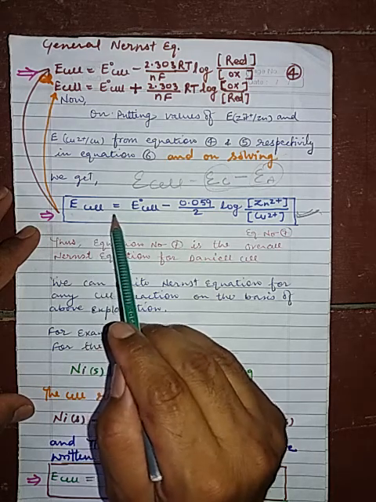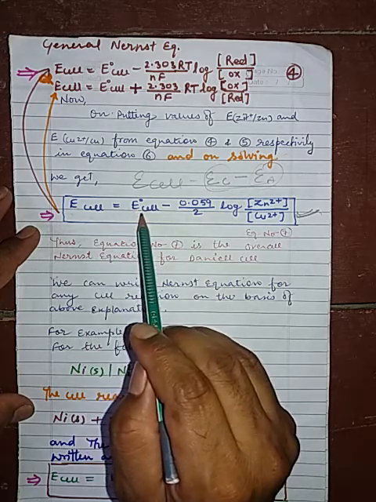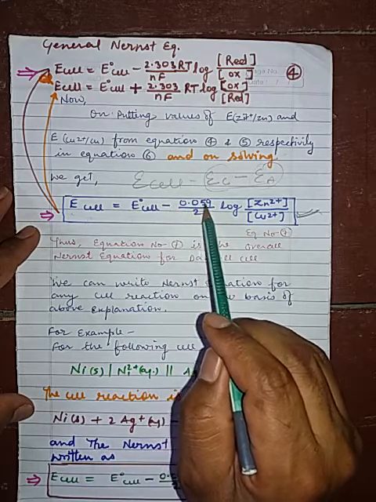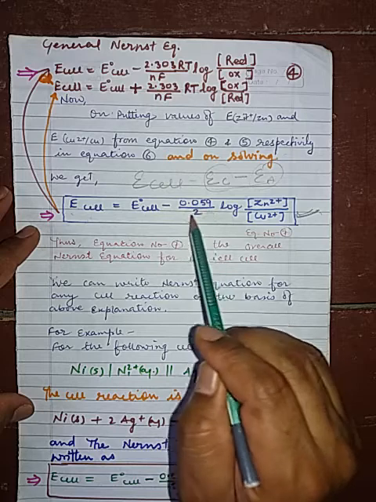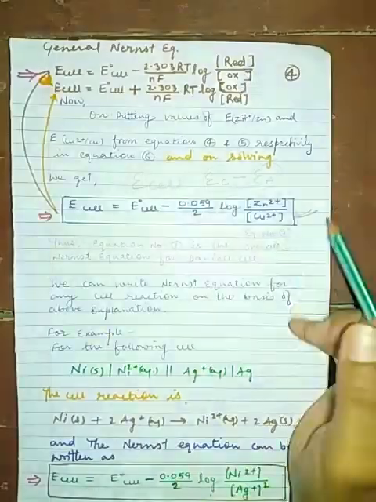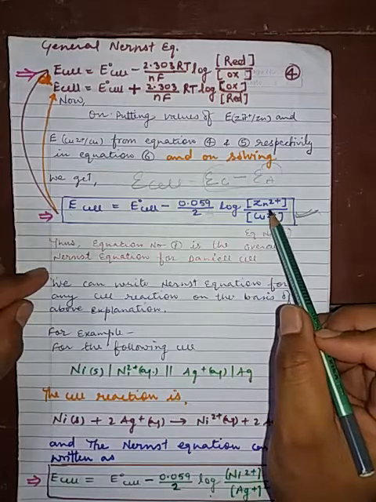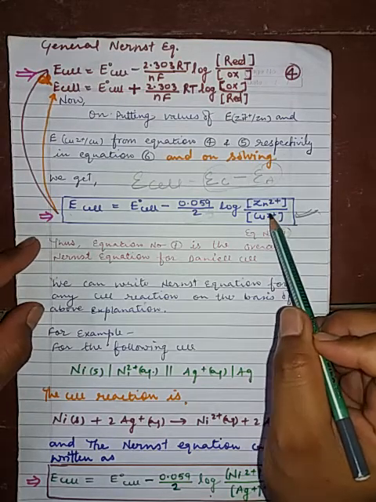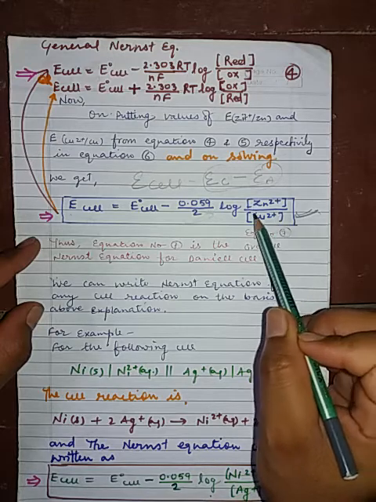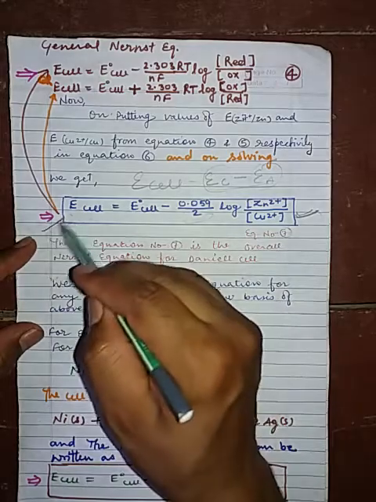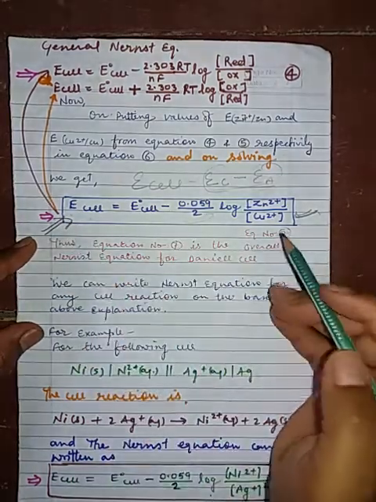E cell is equal to E naught cell minus 0.059 upon 2, where 2 is the number of electrons gained, log of Zn2+ ion concentration in moles per liter upon copper ion concentration in moles per liter. This is a very important equation. Finally, this is the Nernst equation for the Daniell cell.